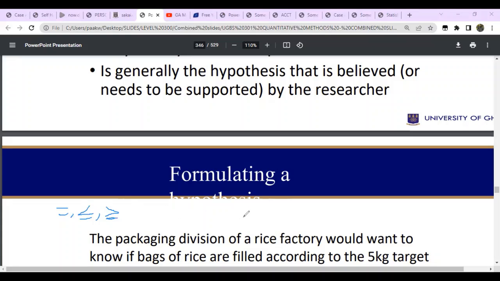But when you see something in an application question, less than, greater than, not equal to, they will not write these things for you. You're supposed to know whether this one is not equal to, greater than, or less than.